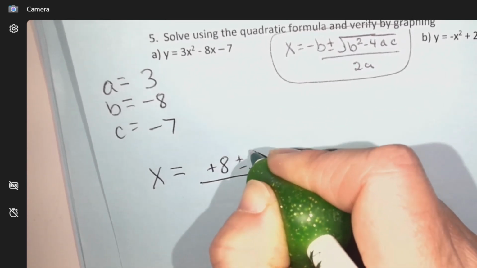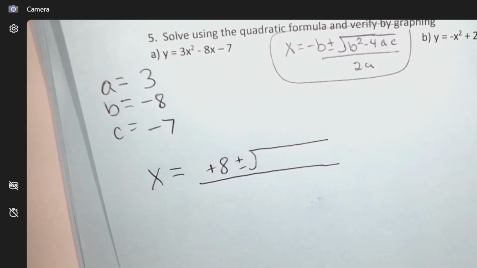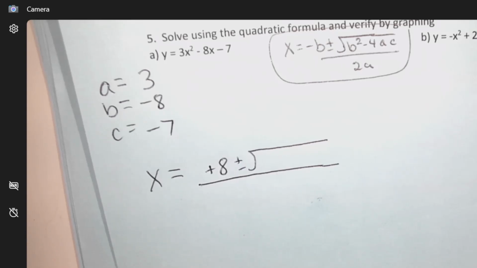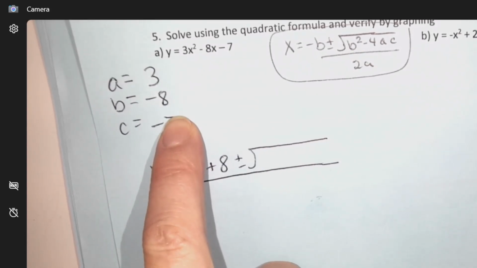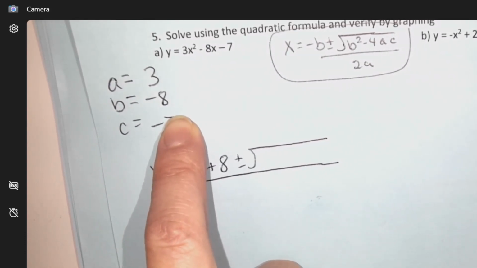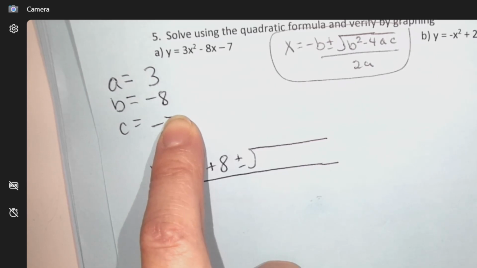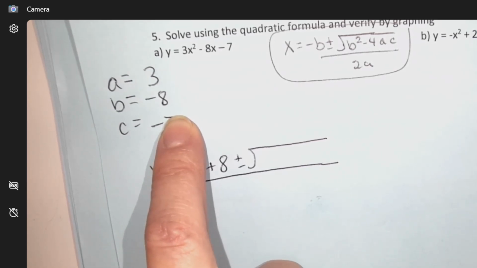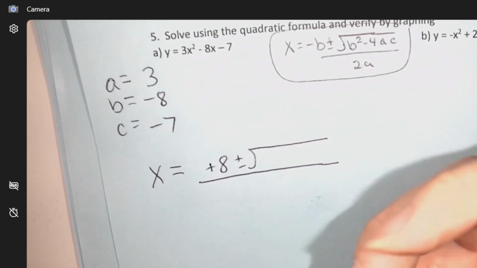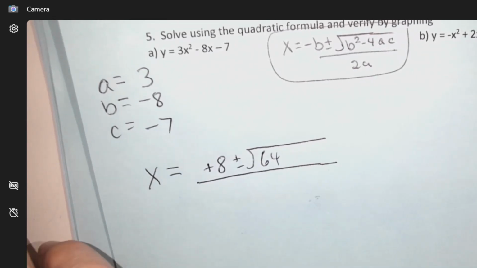Okay, so here's the formula. Negative b, so I'm going to write positive 8, plus minus b squared. Whatever you square, it should be what kind of value? No matter what, it's positive. So 64, because this is what I see people do all the time.